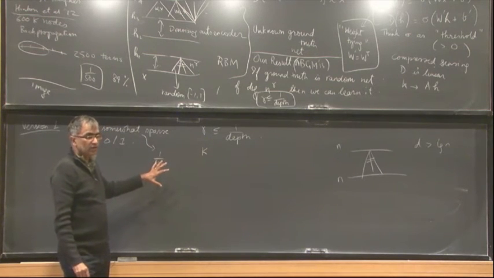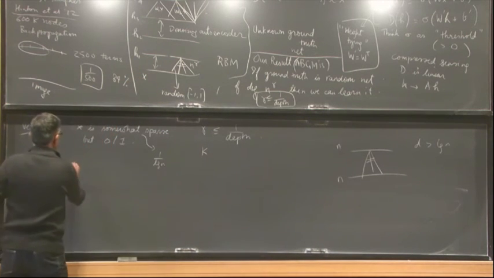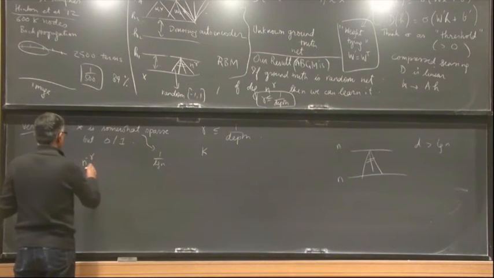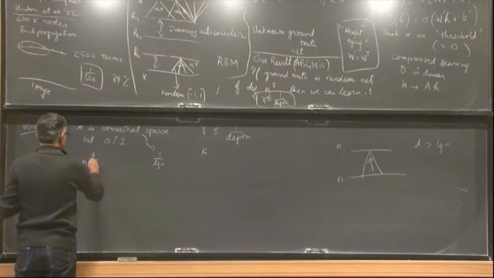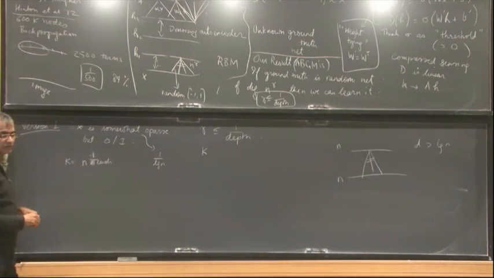In order for this to be true, k has to be pretty small. So this means that k is n to the minus gamma, something like n to the 1 over the number of levels, or something like that.